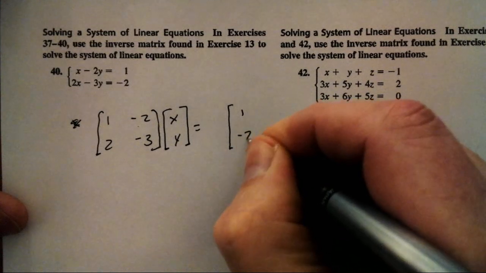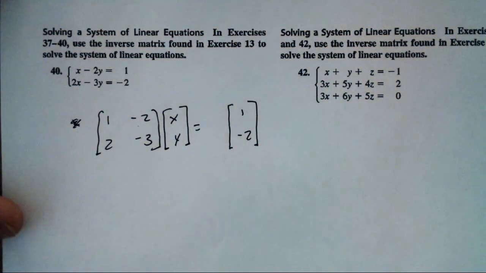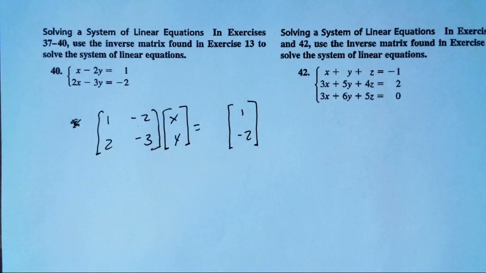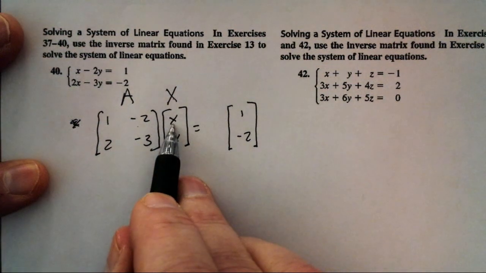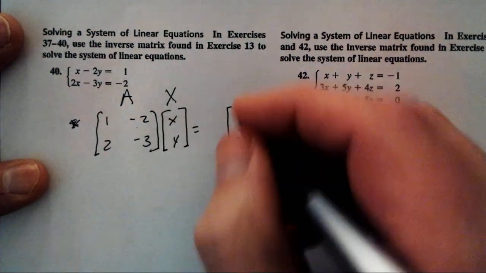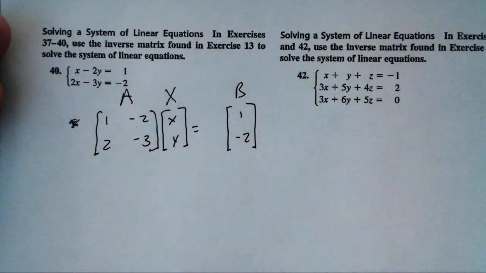Maybe you already know. So that's worth 5 points. It may be the easiest 5 points on the test, but chances are it's going to be 5 or nothing. You're either going to know how to do it or you're not. I'm going to refer to this one as A. This is big X, not to be confused with little x. This matrix X, and let's call this one B.